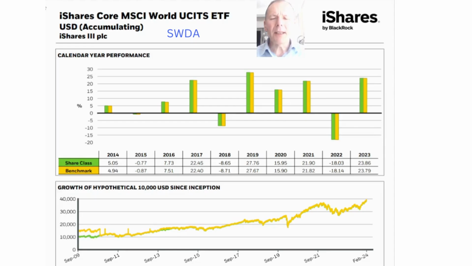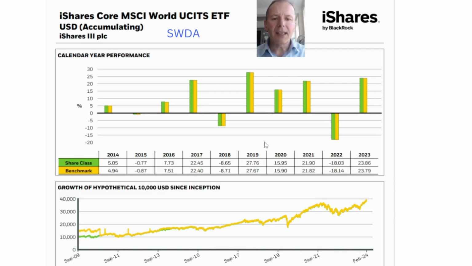Core holding would be something like iShares Core MSCI World ETF, and we've got some pretty solid performance. And if you compare the performance of the ETF itself, which is the green, with the benchmark it's trying to track, which is the yellow, you can see that actually the ETF outperforms its benchmark, even though it charges 0.2% fee every year.